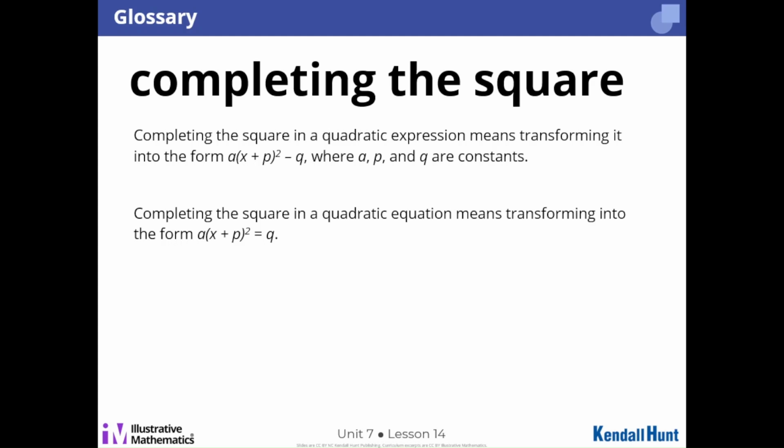But then when we turn it into a quadratic equation, notice we've moved that amount over to the right side, because we always want to make sure that we start out with just the squared term on the left, and then we can go from there to solve it.